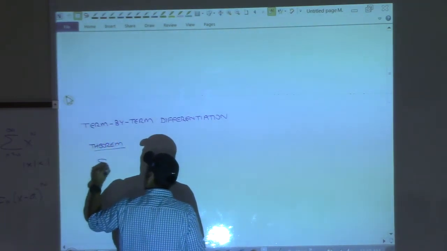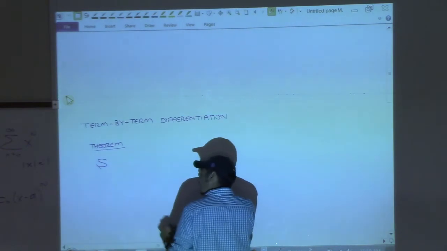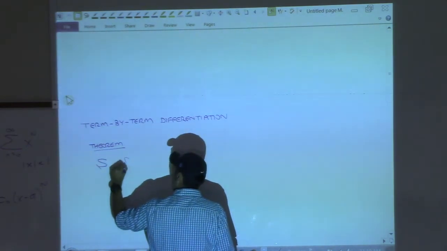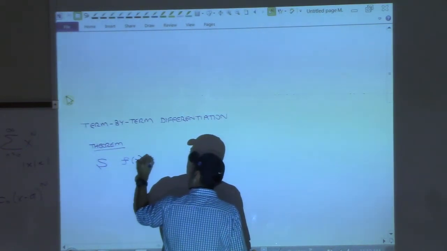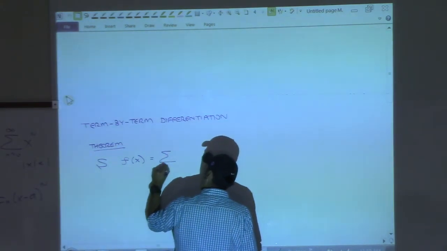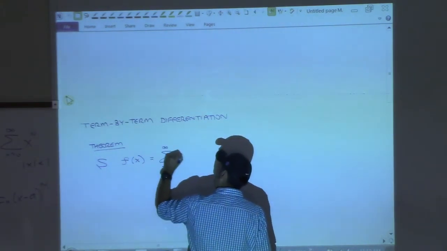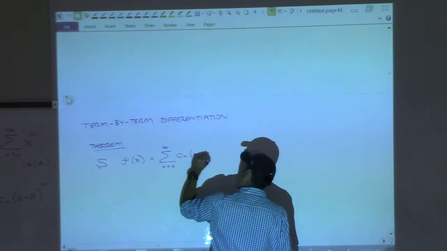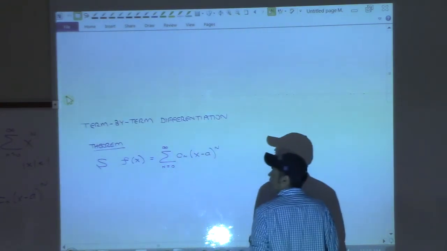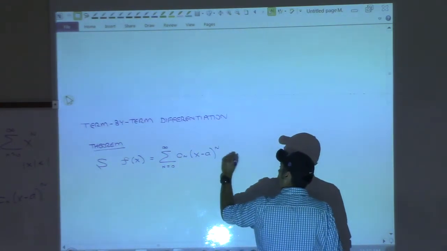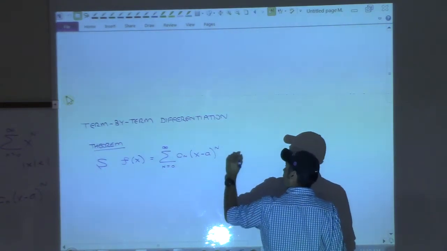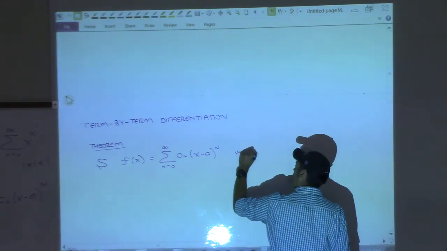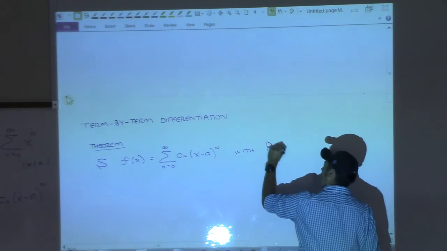All right, suppose f of x equals sum n equals 0 to infinity c sub n times x minus a to the n. Suppose we have a power series with capital R greater than 0.